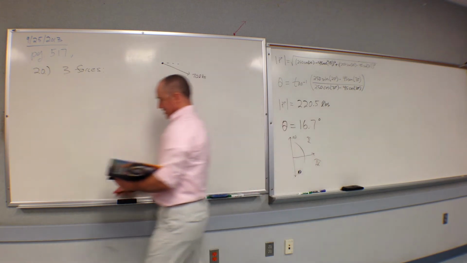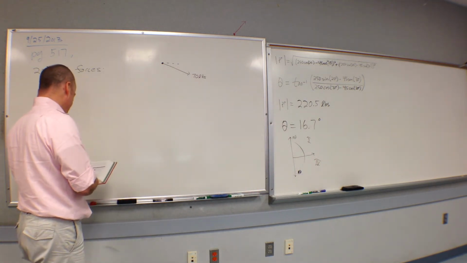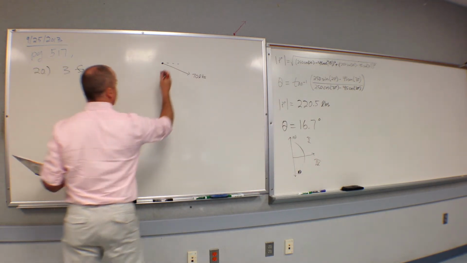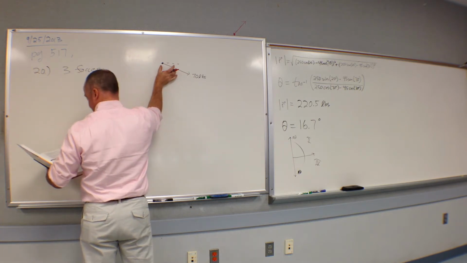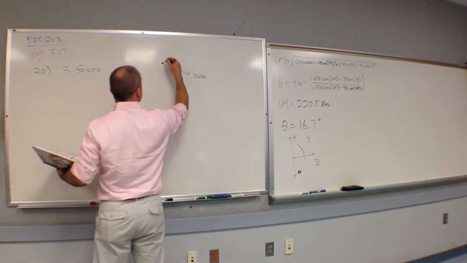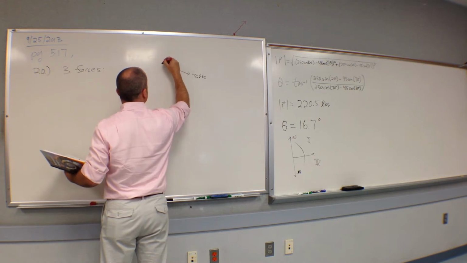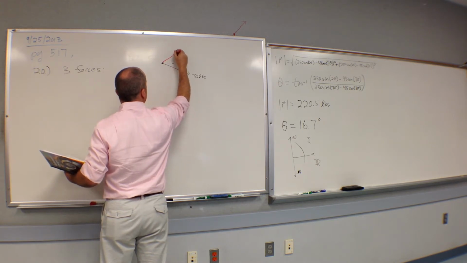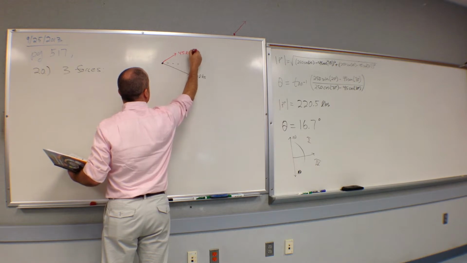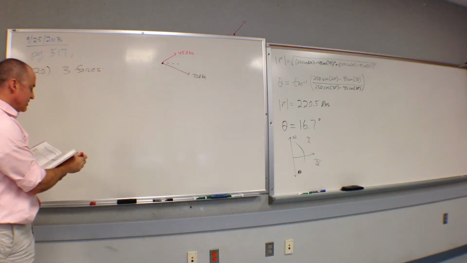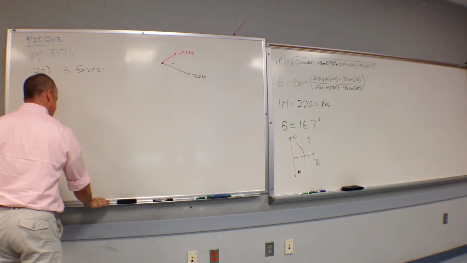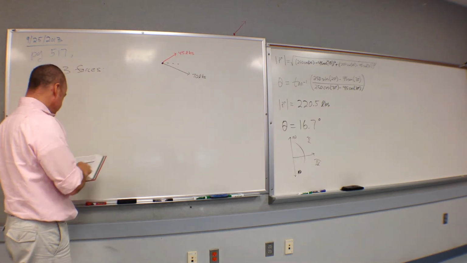The middle one, 40 pounds, is at 45 degrees. So for 40 pounds, I'm going to try and make it a little more than half, and for 45, I'm going to try and go up with a slope of 1. So there's 45 pounds, and there's my 45-degree angle.